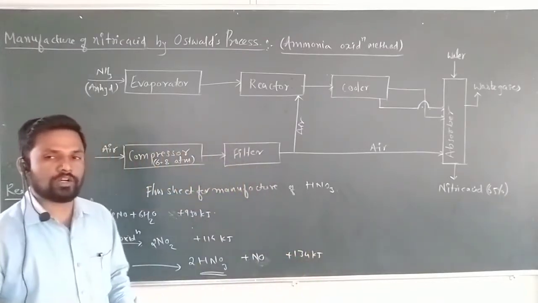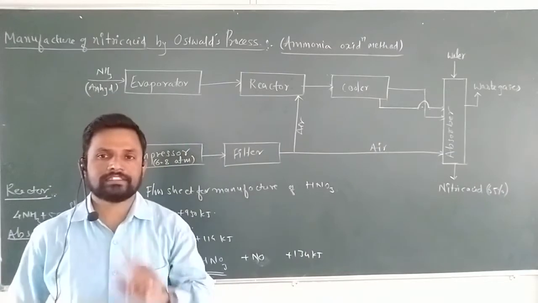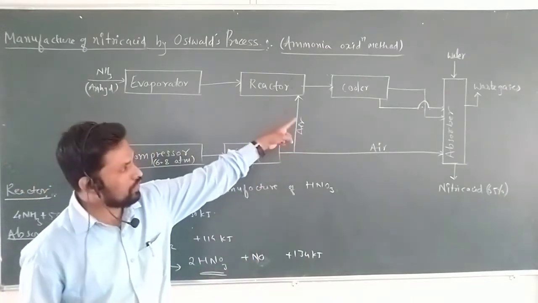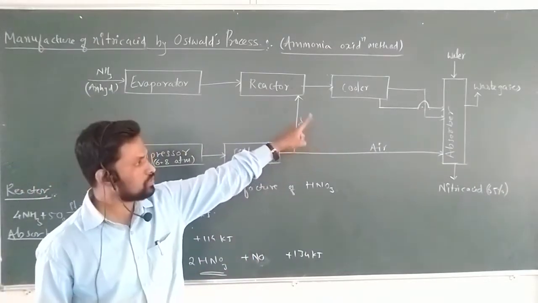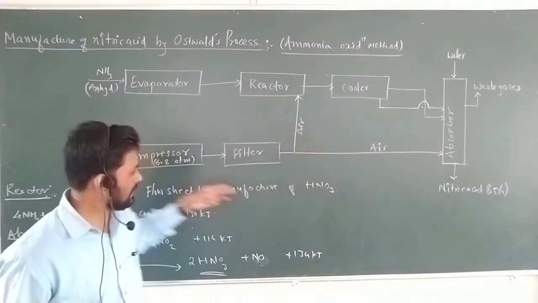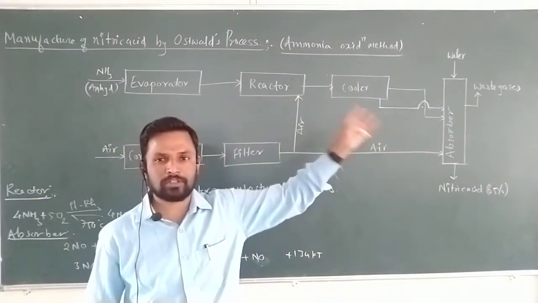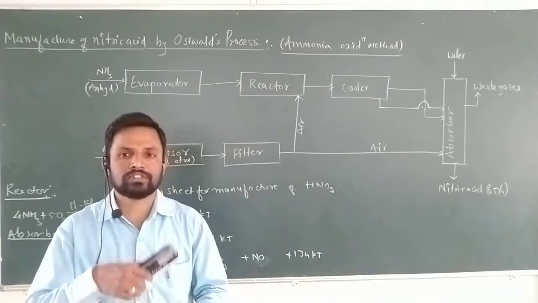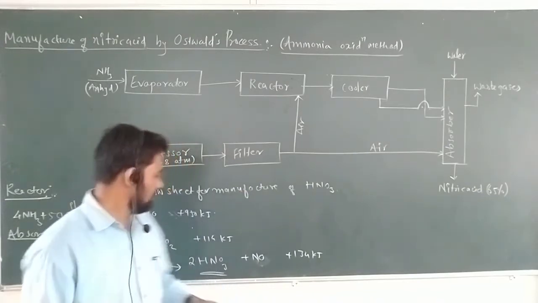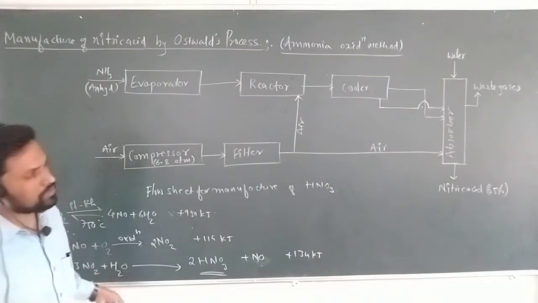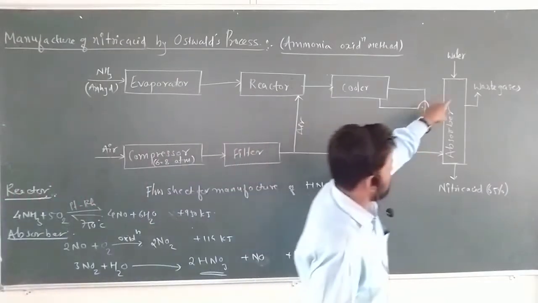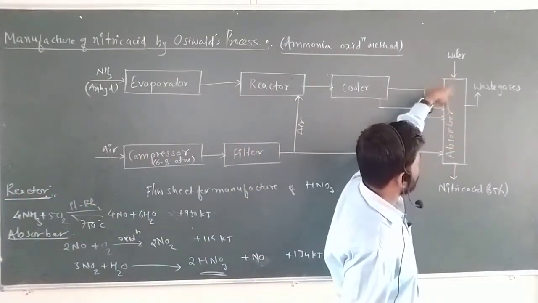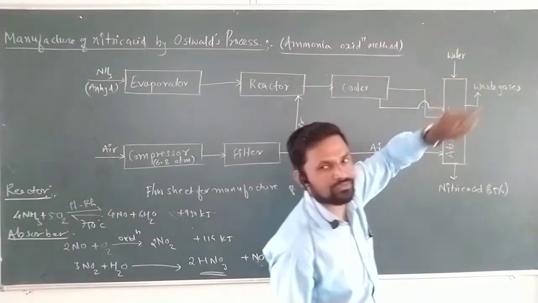Now see, in the absorption tower two reactions take place. One is the formed nitric oxide, which was cooled and sent towards the absorber. Here the excess oxygen is also passed into the absorber tower, where the nitric oxide is converted into nitrogen dioxide first, and then the nitrogen dioxide is absorbed by the water. You can see here the absorption tower; from the top of the absorber we continuously pass the water.